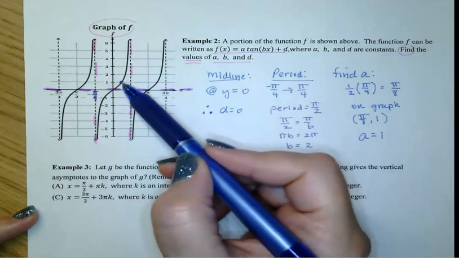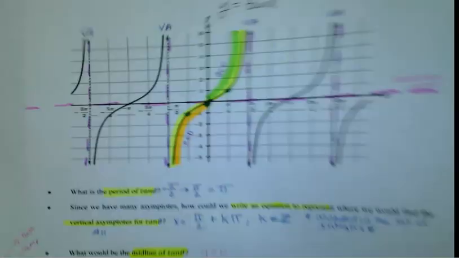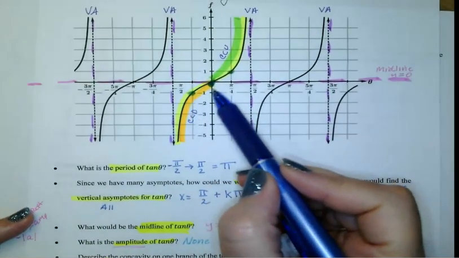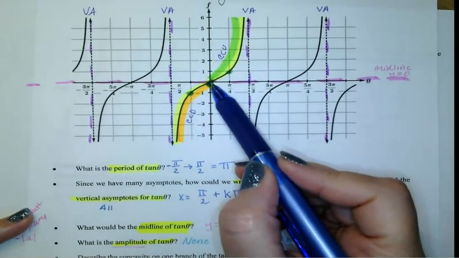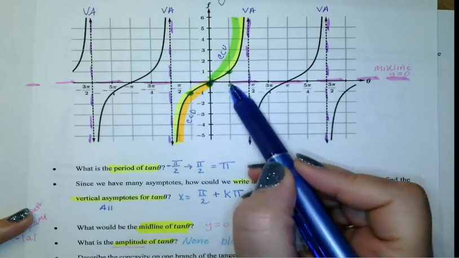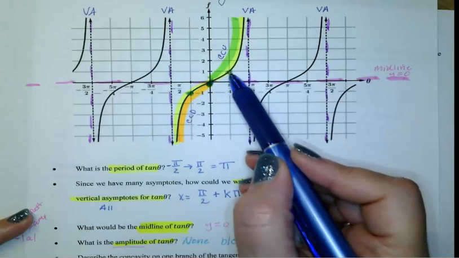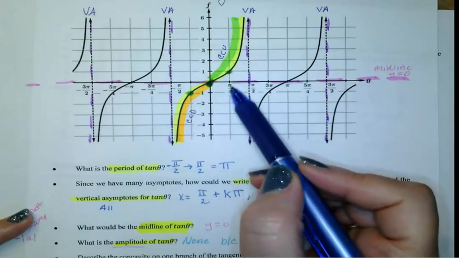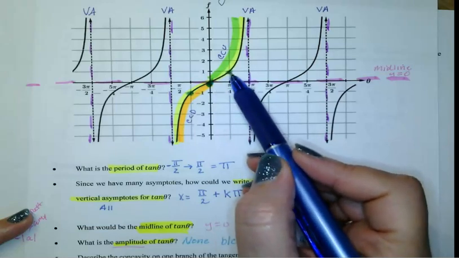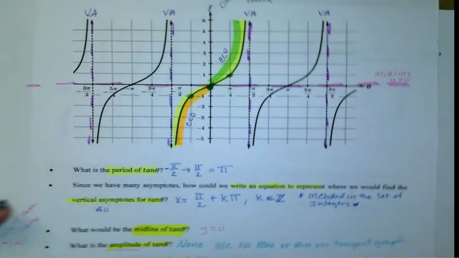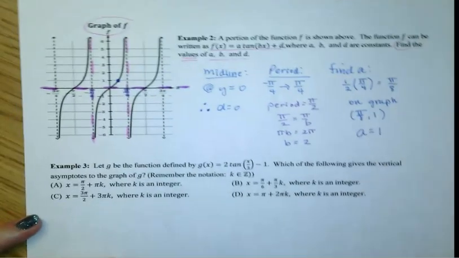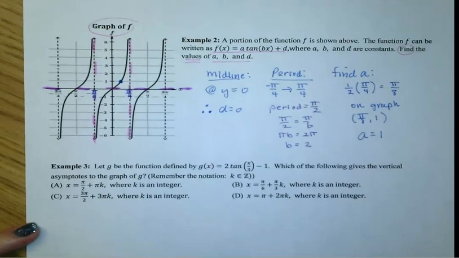And I can see it's a nice intersection at 1, just like on the parent function, when I'm halfway between the 0 and the vertical asymptote at pi over 4, and I do a vertical move up to the point, I'm at the nice line of 1. So if you can go halfway and up to 1, then you know that it hasn't had any vertical stretches or things like that.